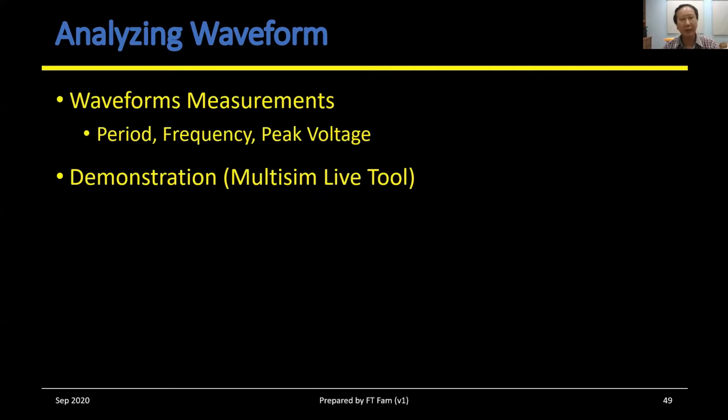And we're also going to introduce you to a new tool called Multisim Live. It's free also, except that in the free version you don't have many circuits that you can put here, but this is very useful for those of you who are teaching electronics. You can put LEDs or buzzers or lights in your circuit. You can test out whether the circuit is functional or not before you put it on the breadboard. So today is more of a demo and more question and answers, less of the theory.